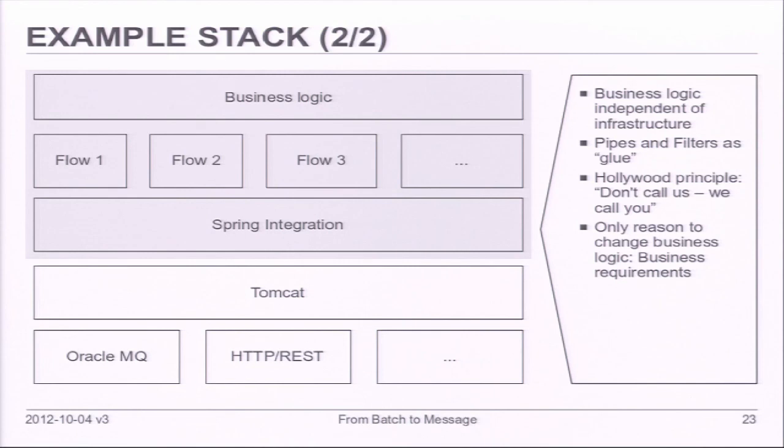So there's no need to change your code besides configuration at the Spring Integration level. This is really nice, and it makes the long-term cost of your architecture lower than if you have a tightly coupled architecture.